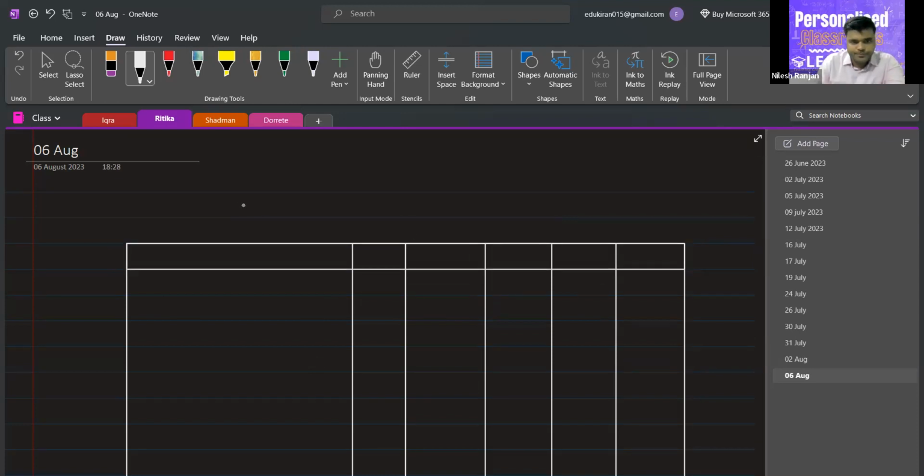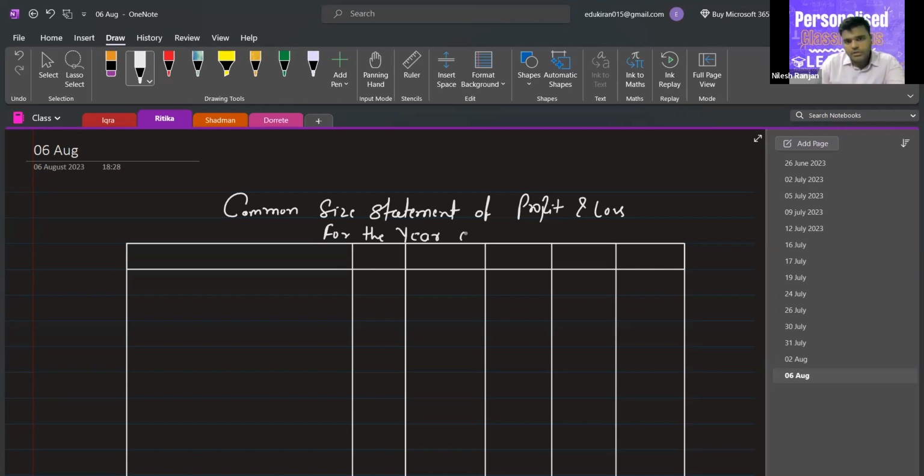So first of all, heading common size statement of profit and loss for the year ended 31st March 2000.